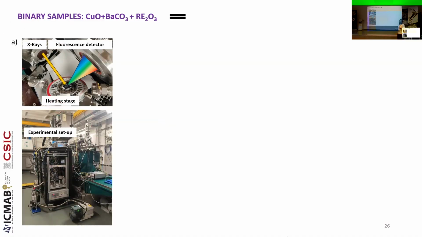And what I mean by binary sample is that instead of using all of these 3 nanocrystalline precursors, we only use 2 of them, the copper oxide and barium carbonate, which are the ones that actually form the transient liquid. And we didn't introduce any rare earth oxide. This permits us to go to the transient liquid, which is quite stable through time.